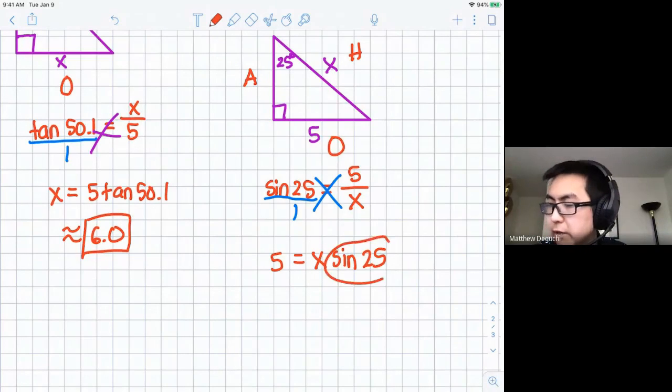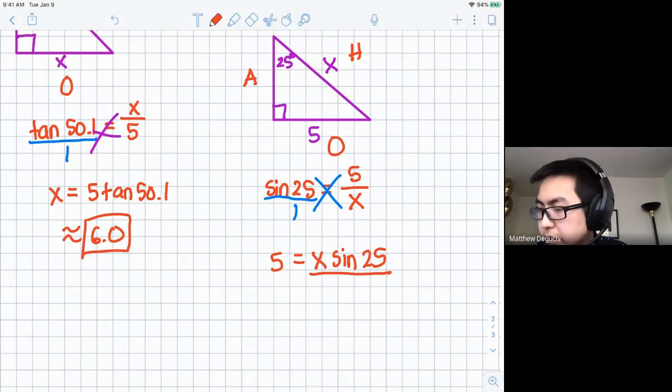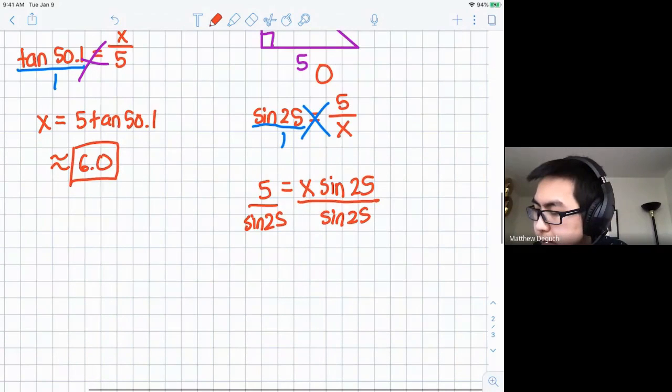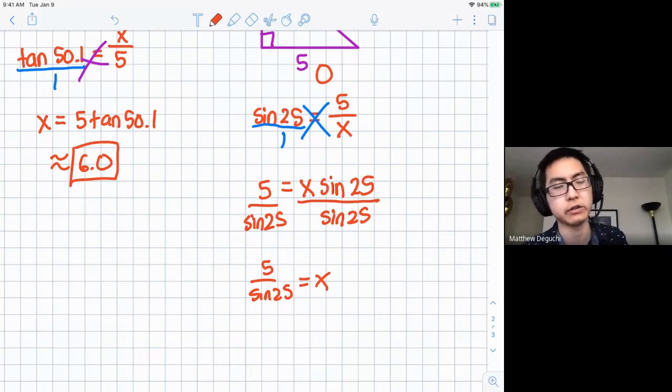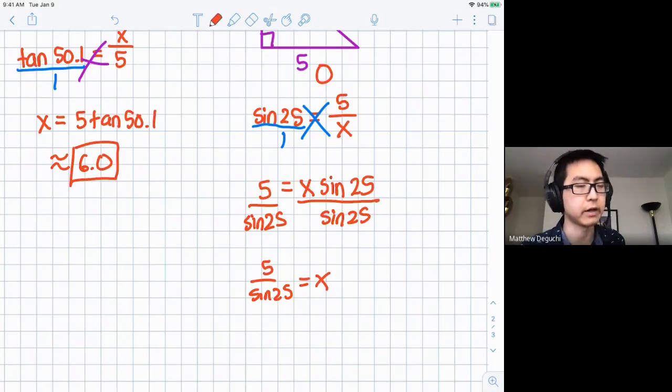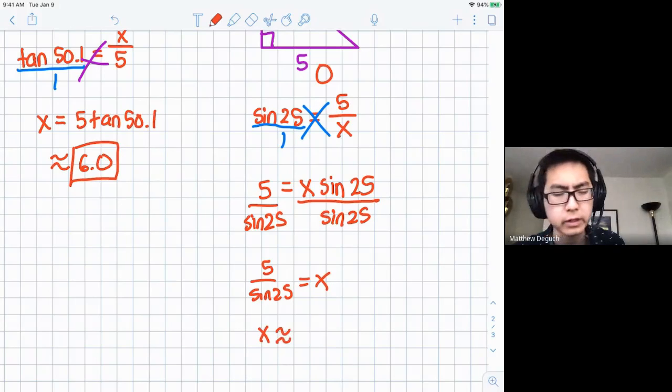That means we need to get rid of that. So we have to divide both sides by sine 25. So you get 5 over sine 25 is equal to x, and now we actually have to calculate that. So 5 divided by sine 25. And this is going to be roughly around 11.8.